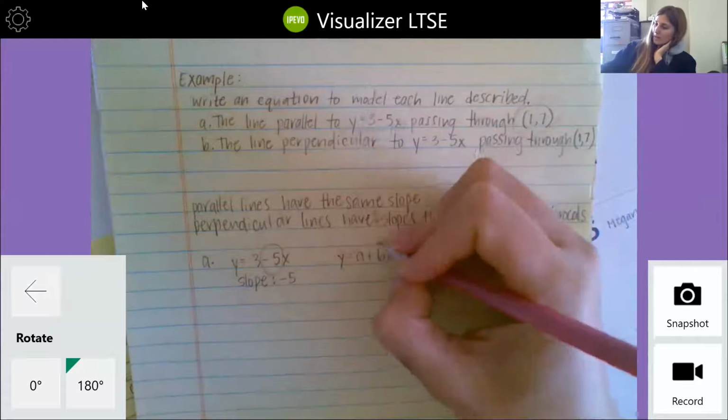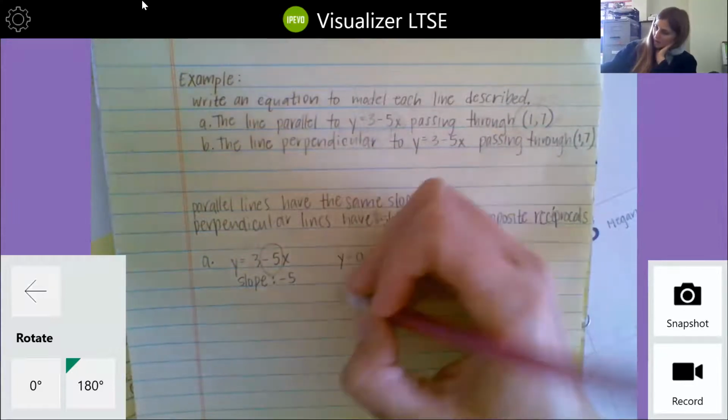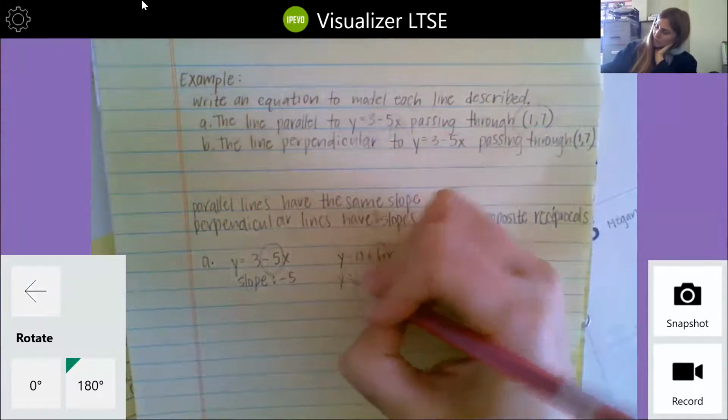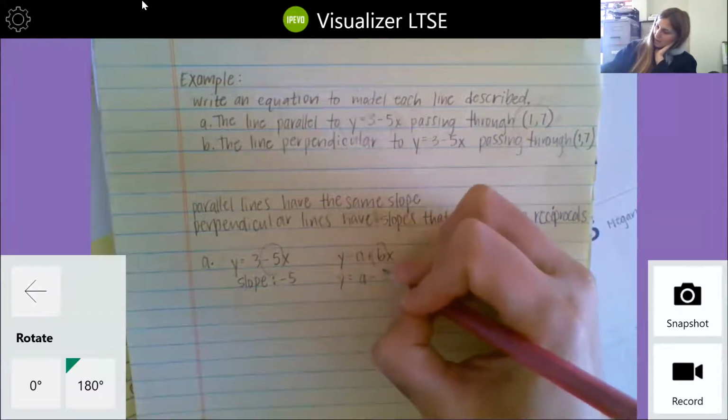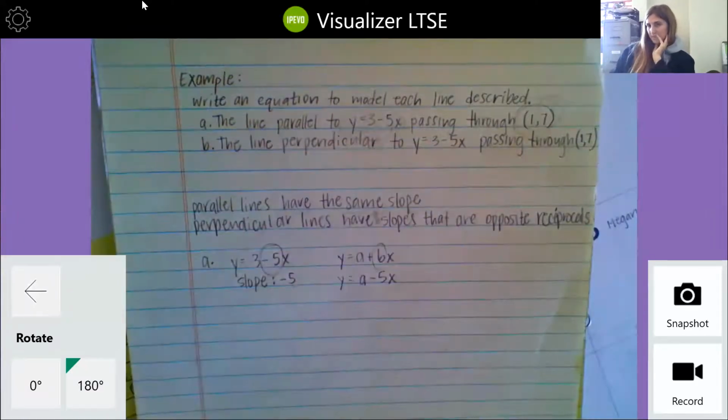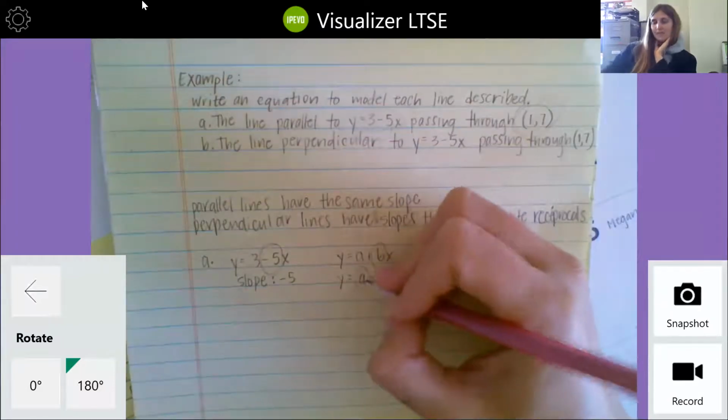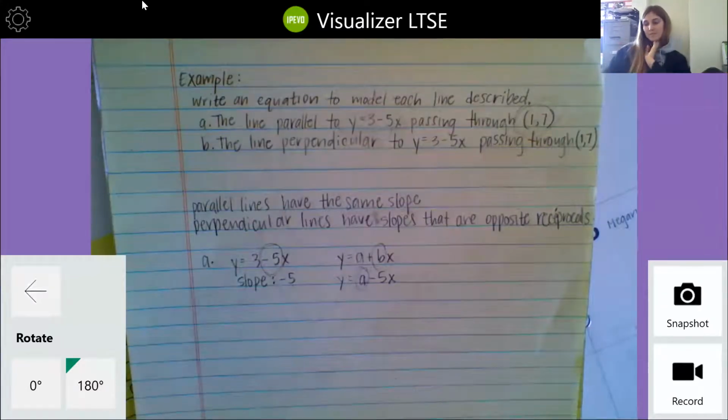So I'm going to replace my b with -5. So I get y equals a minus 5x. Now what I need to look for is this a, my y-intercept.